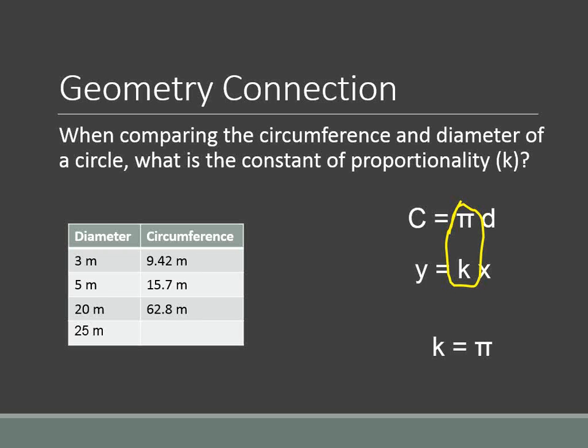Just like we did in the previous example, once you've found what that constant is, you can use it to find other missing pieces. Look, I put up a new diameter.